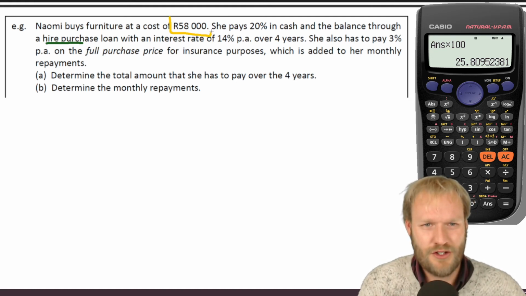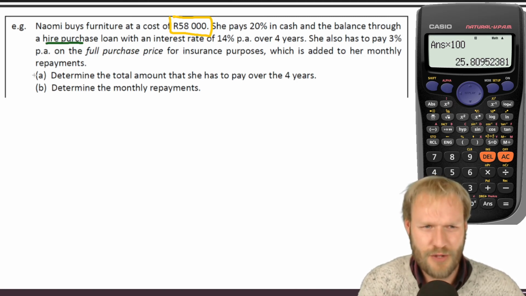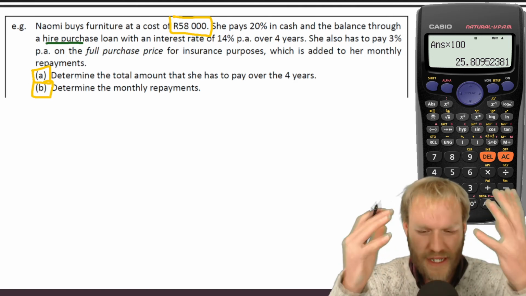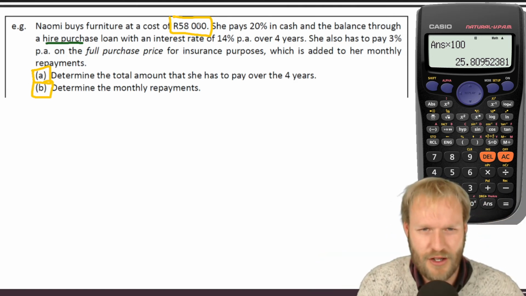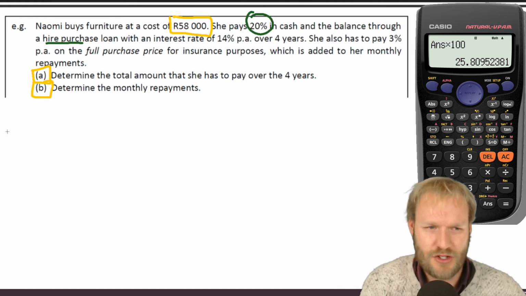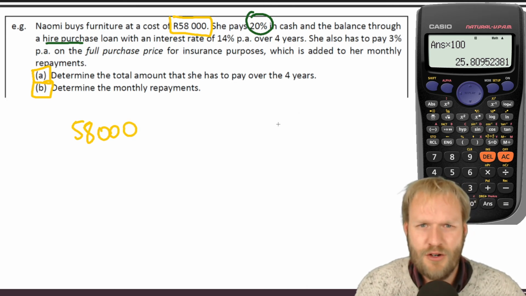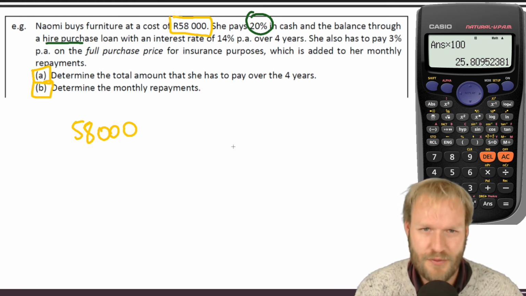So there's furniture that costs 58,000 Rand, and she pays 20% in cash. We're going to come to these questions, but not focus on them, just think about it logically. She's already spent 20% in cash. So if it was 58,000 Rand, how would you work out how much she's paid initially?